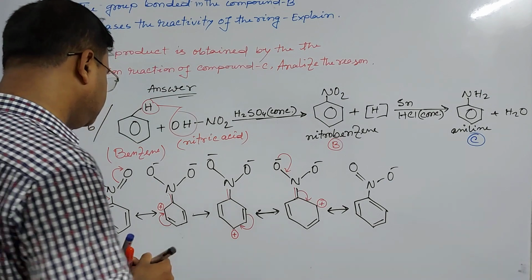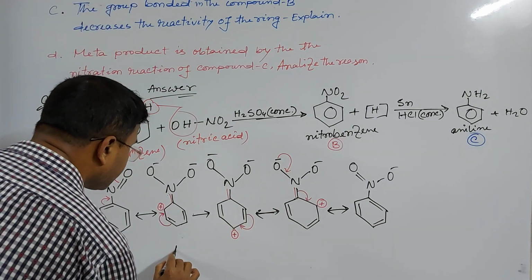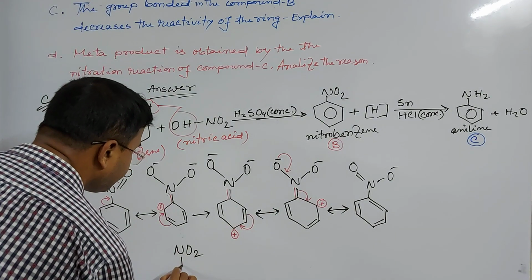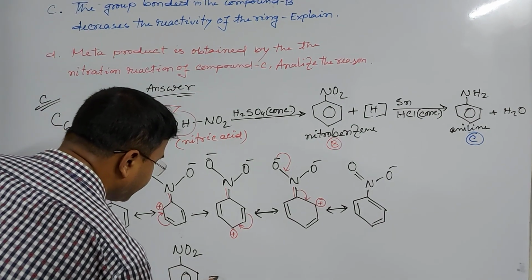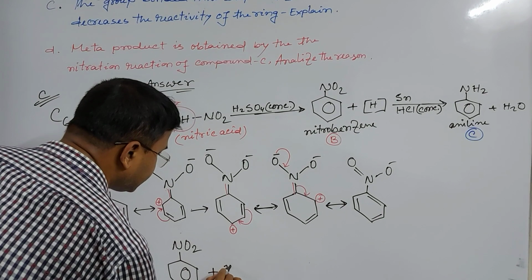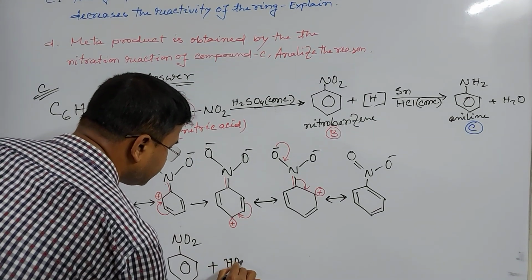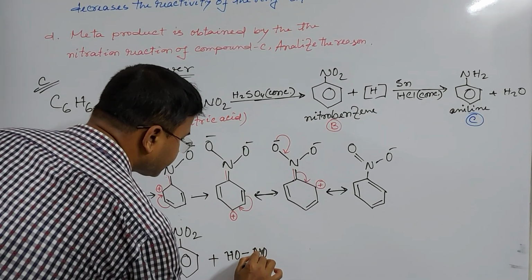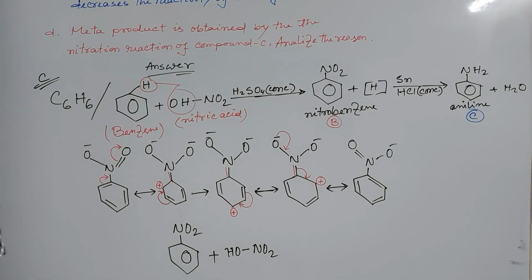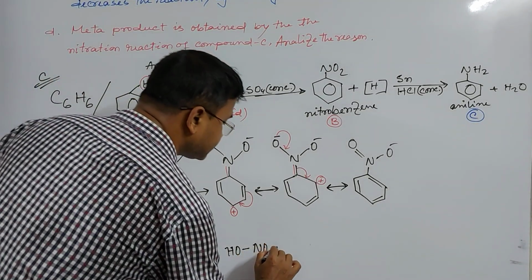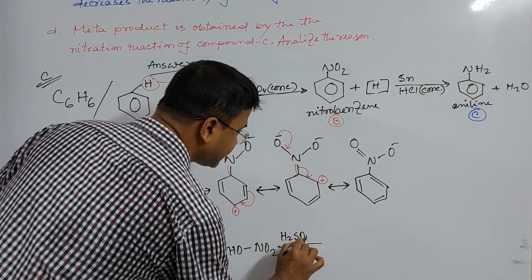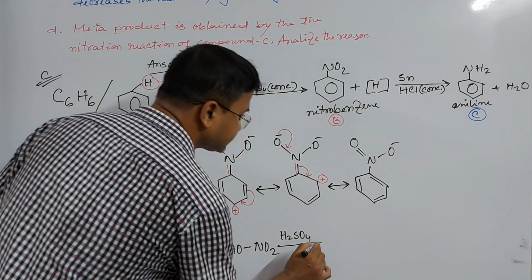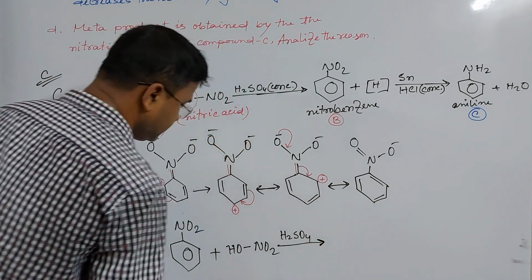So if I show you the nitration reaction of nitrobenzene, what will happen? You know the nitration reaction. Nitrobenzene reacts with nitric acid in the presence of sulfuric acid. In this case, both the nitric acid and sulfuric acid are concentrated acids.